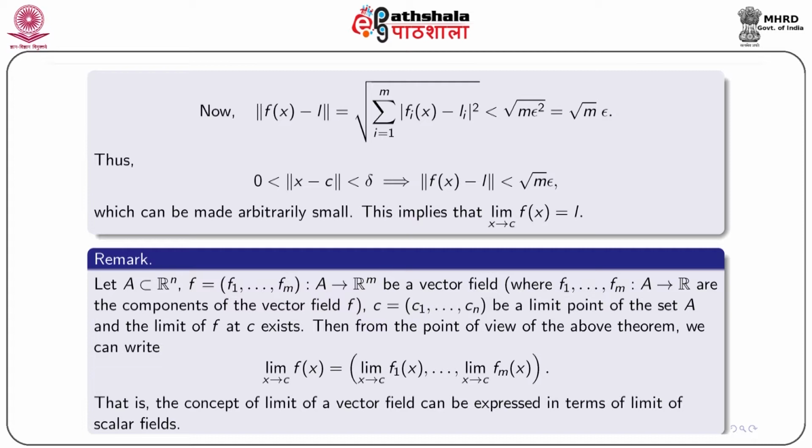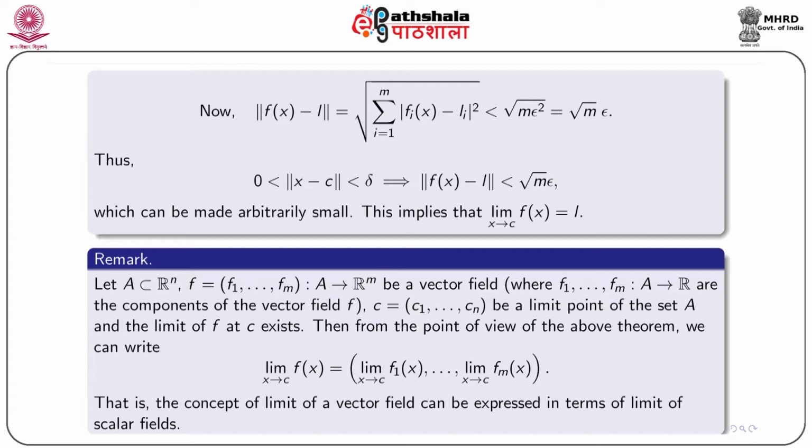So, this shows whenever norm of x minus c is less than delta but positive, norm of f(x) minus L is less than root m epsilon. Now, root m epsilon can be made arbitrarily small. So, this implies that limit of f(x) as x tends to c equals L.